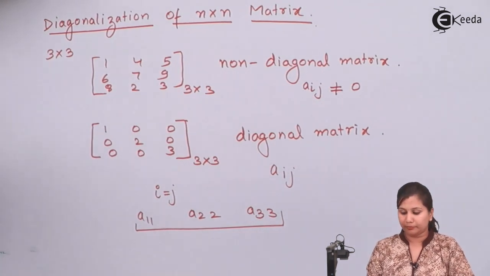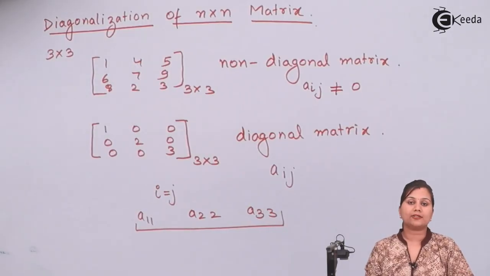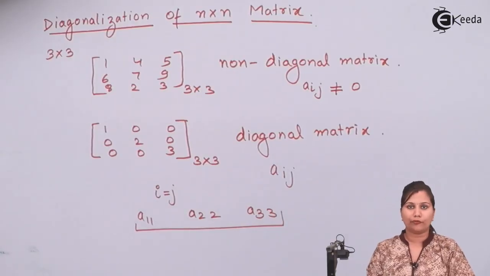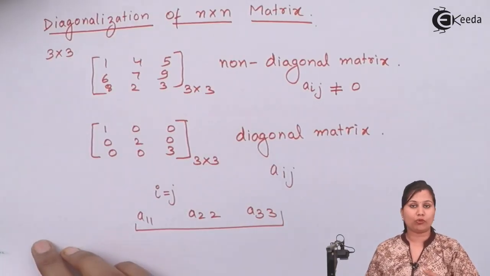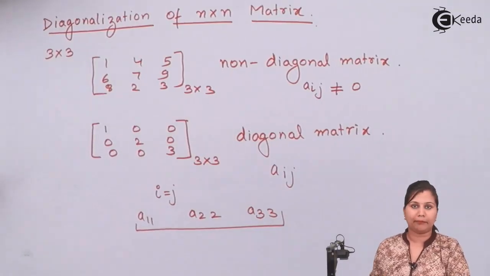This method, diagonalization of an n cross n matrix, is used to represent the state model in the canonical form. So whenever we want the state model in canonical form, we use this method.